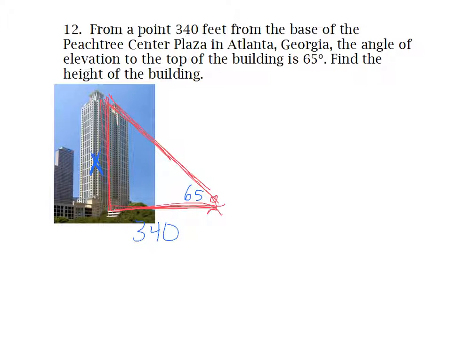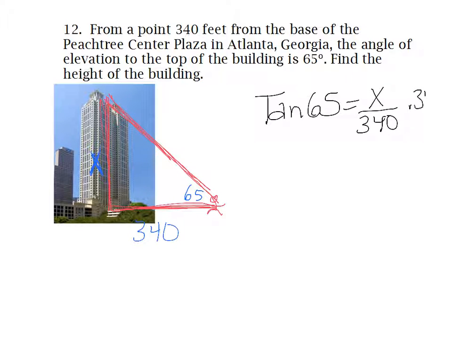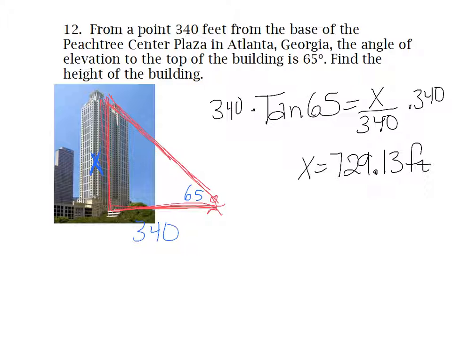That would be a tangent situation. Tangent of 65 degrees would be equal to your opposite over your adjacent. Multiply both sides times 340. I have a building height of 729.13 feet.